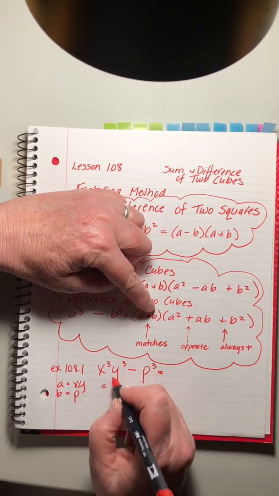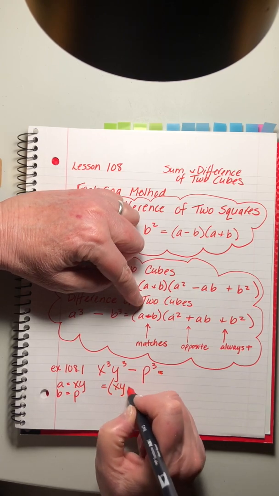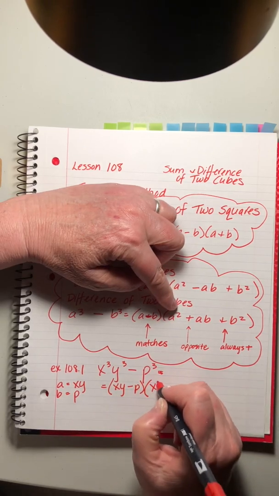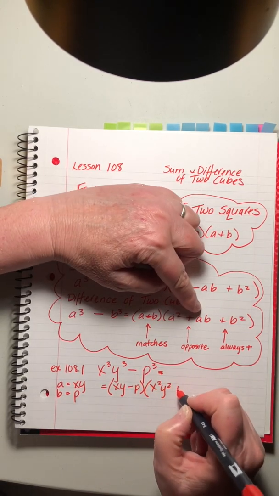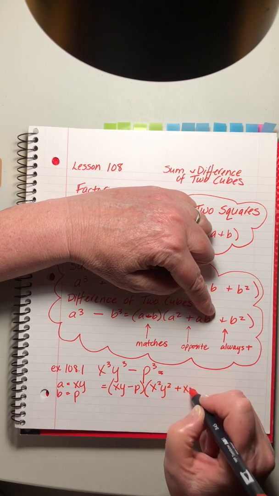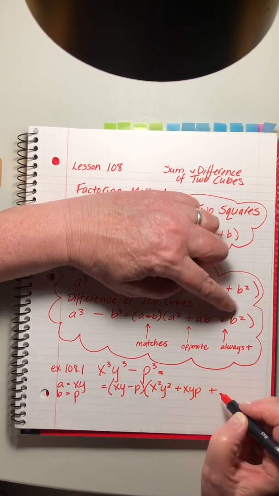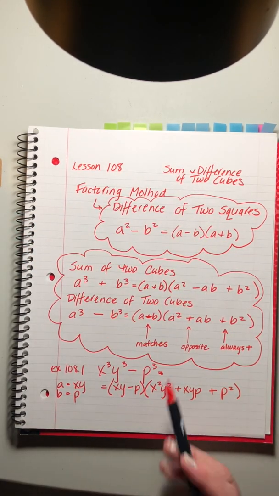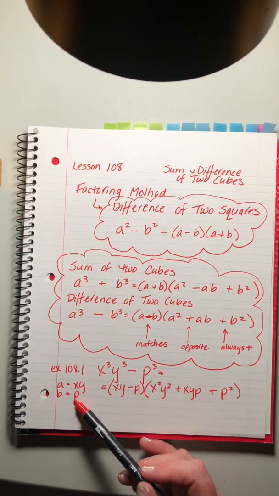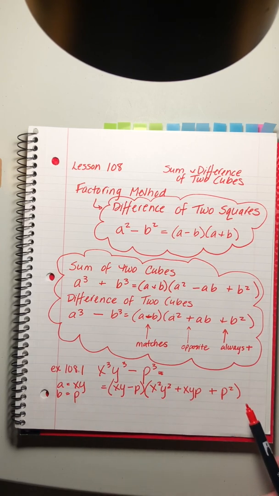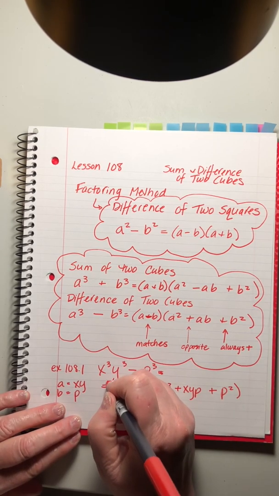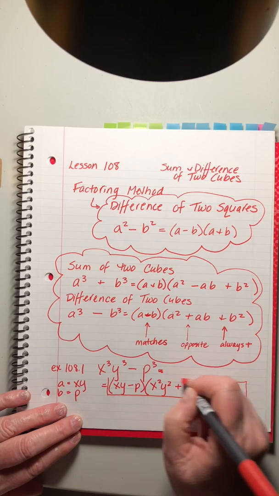Okay, so we're just going to follow this pattern. xy minus p, quantity, times x squared y squared plus, now everything all together, xyp plus p squared. Once you have your formulas and your roots identified, then it's just fill in the blank, and it's pretty darn easy, and most students find these a piece of cake. Okay, there's the answer. That's correct.